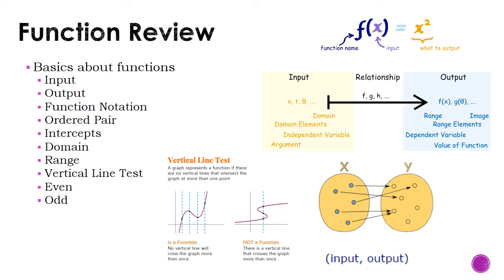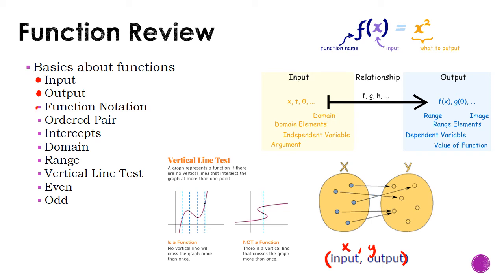Let's take a few minutes to recall basics about functions. The first key thing about functions are the input and output values. Just as it sounds, input is what you put into the function, and output is the result. So, if I plug in an x value, what do I get for my y value? X would be my input, y is my output.